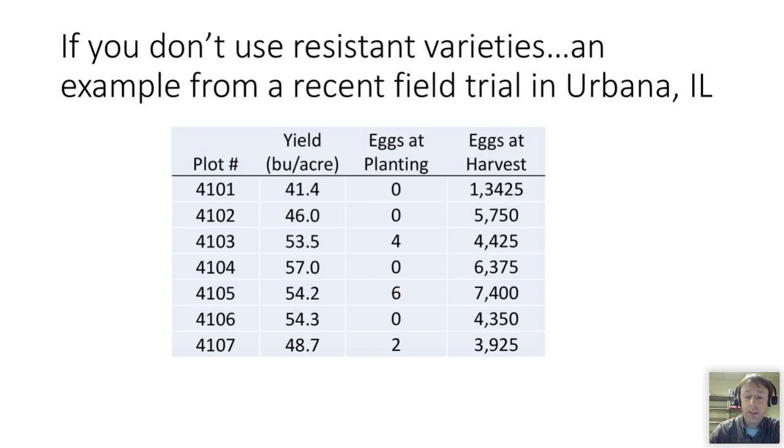In some of the plots, we didn't find any eggs. When we sampled at harvest, we found several thousand eggs in each of these plots. So from a very, very small initial population, SCN can really explode if you don't use a resistant variety.